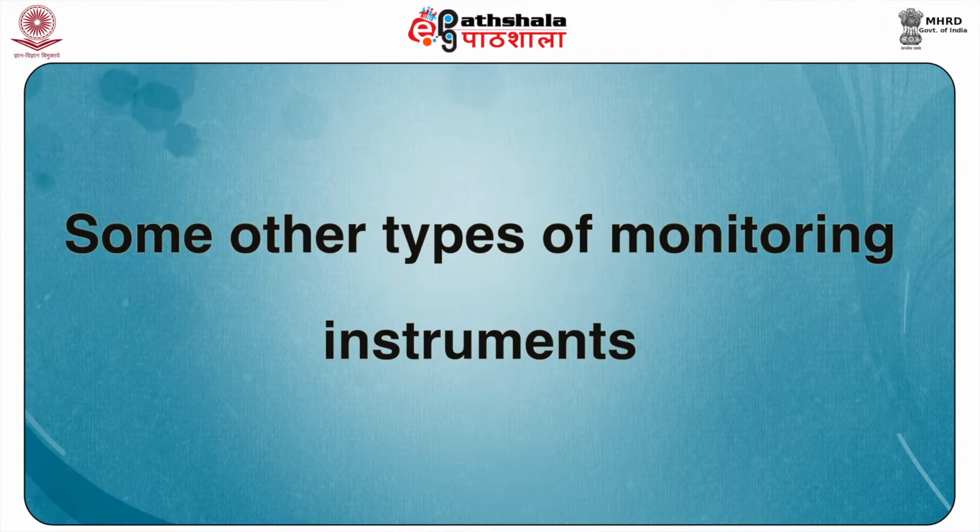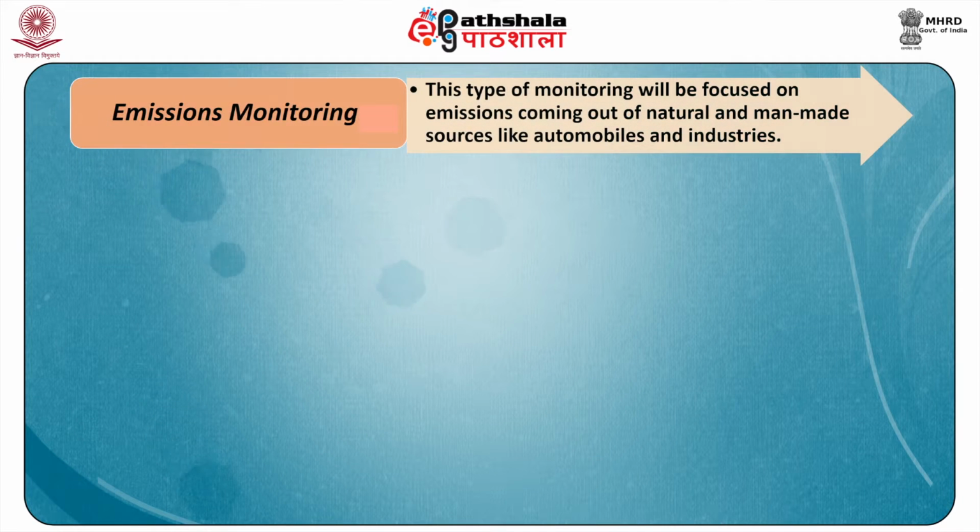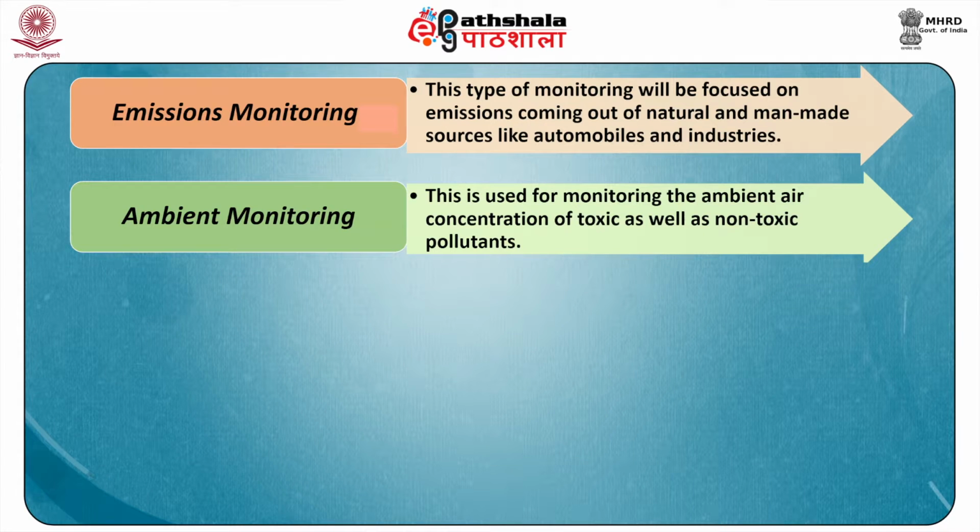Some other types of monitoring instruments are emission monitoring. This type of monitoring will be focused on emissions coming out of natural and man-made sources like automobiles and industries. Ambient monitoring. This is used for monitoring the ambient air concentration of toxic as well as non-toxic pollutants.